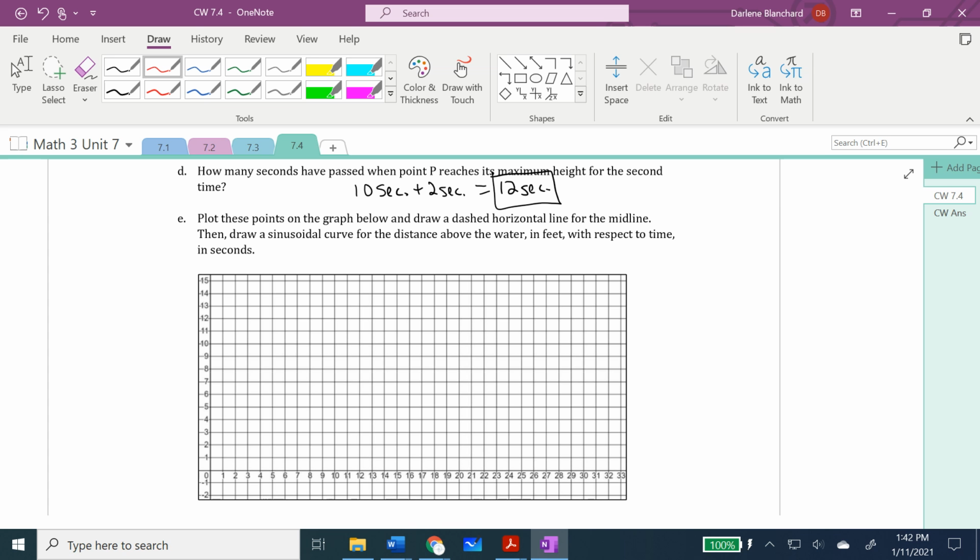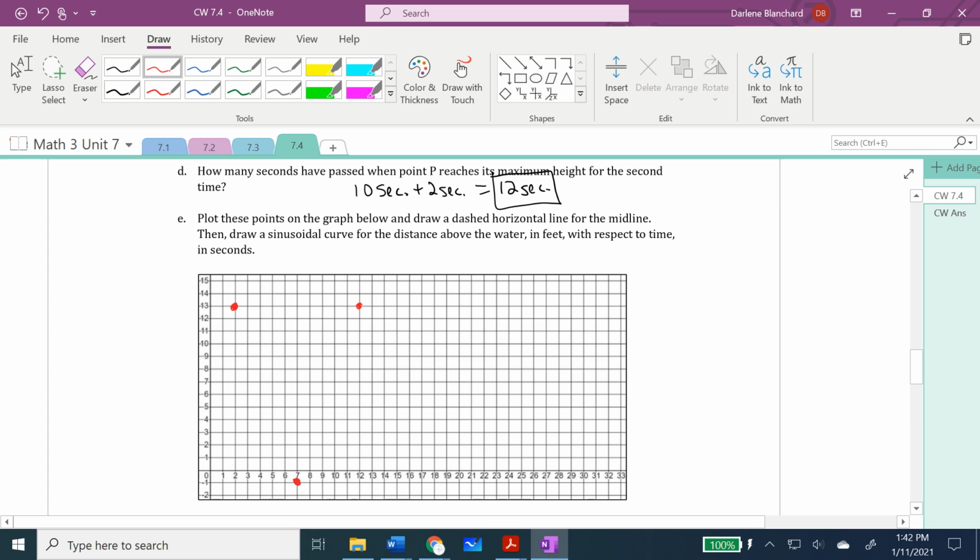Now, coming back over here, I'm plotting some of these points to help me come up with an equation. At time 2 seconds, I am at my highest value of 13. Then at time 12 seconds, I'm back at that highest value of 13 again. Now, I also know that at time 7 seconds, I'm at my lowest value of -1.